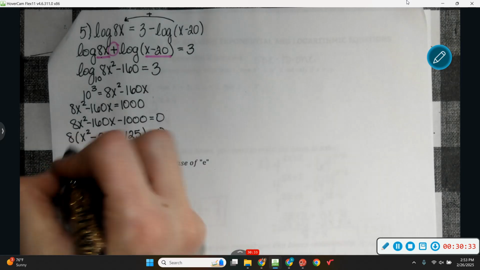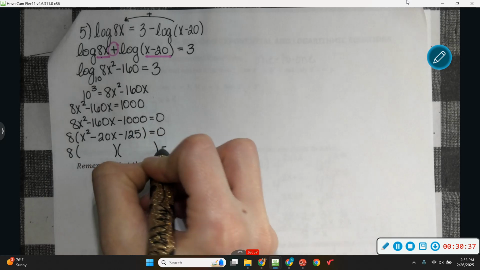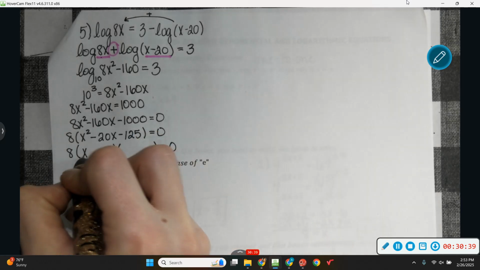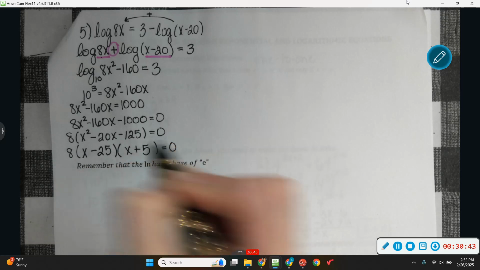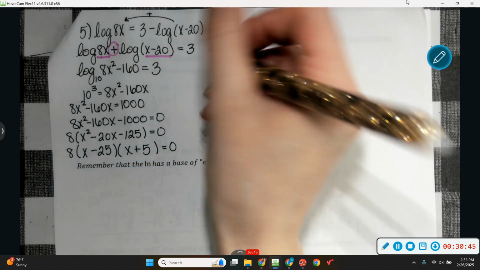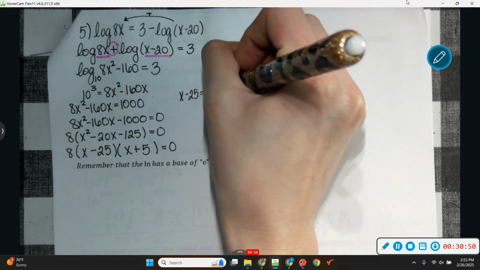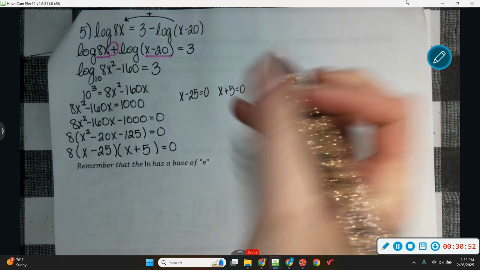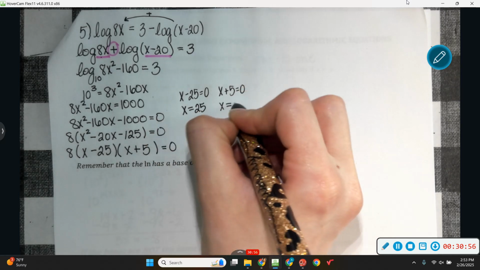So now you want factors of a negative 125 to give me a negative 20. And so that will be x minus 25 and x plus 5. So if I set x minus 25 equal to 0 and x plus 5 equal to 0, then that leaves me with x equals 25 and x equals negative 5.